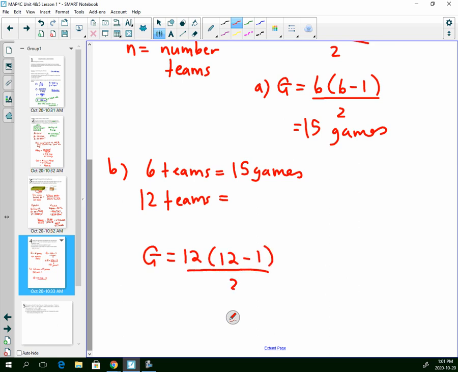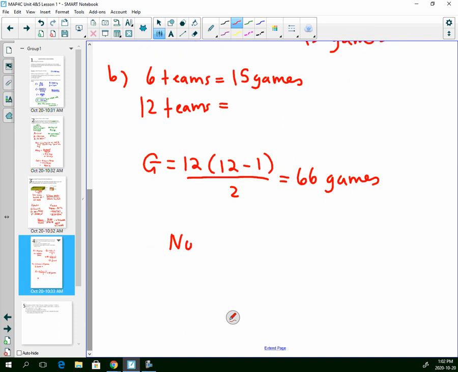And grab my calculator. So we've got 12 times 11, and then divided by 2 is 66 games. So no, the doubling of the teams does not double the games.